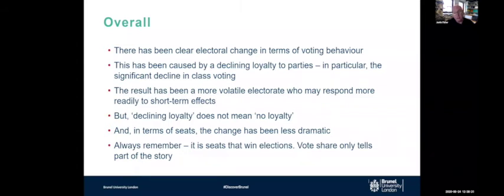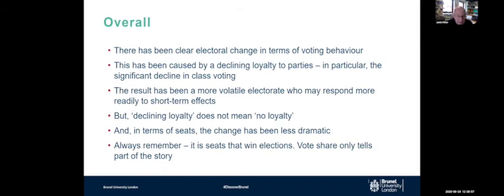We have seen a growth in multipartism, a move from two parties to a more multi-party system, but that change has been far less dramatic in terms of the share of the seats in the House of Commons. It's an important point to remember: it is the seats you win that win elections, and vote share only tells part of the story.